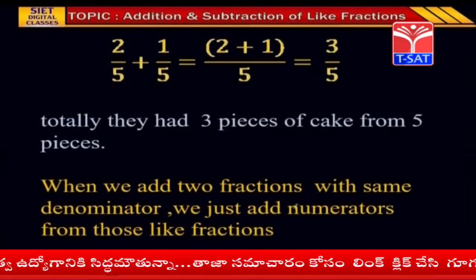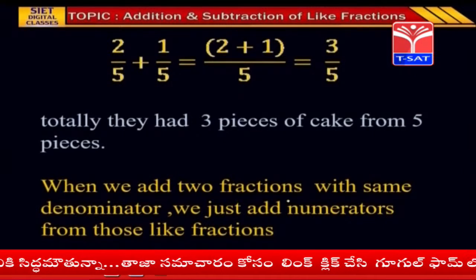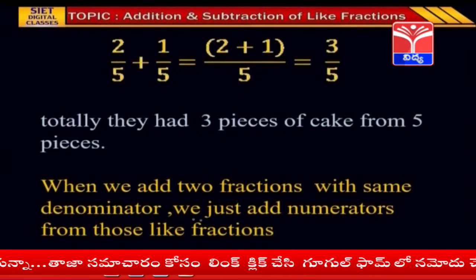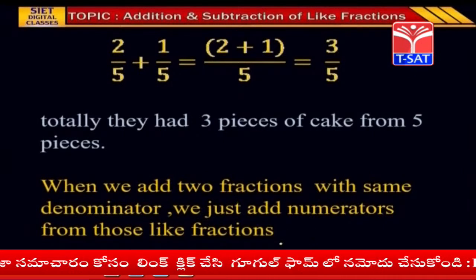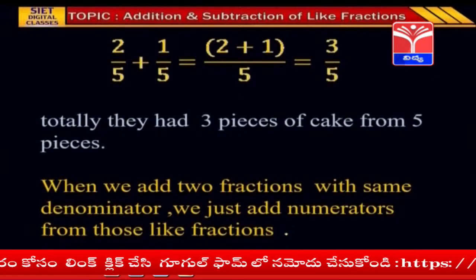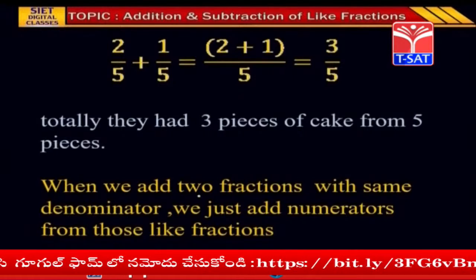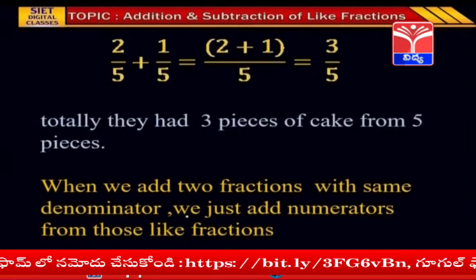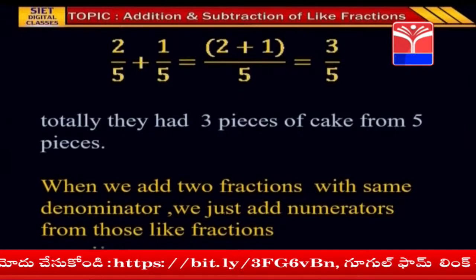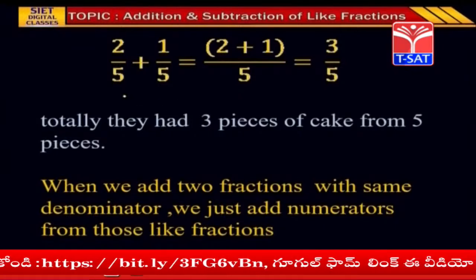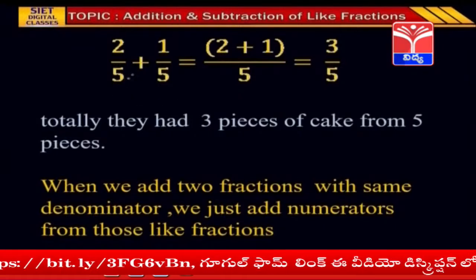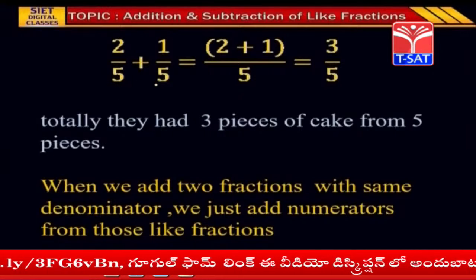Right? When we add 2 fractions with same denominator, we just add numerators from those like fractions. Once again I am repeating, when we add 2 fractions with the same denominator, we just add numerators from those like fractions. Here what we are doing, 2/5 plus 1/5. They are having same denominators.